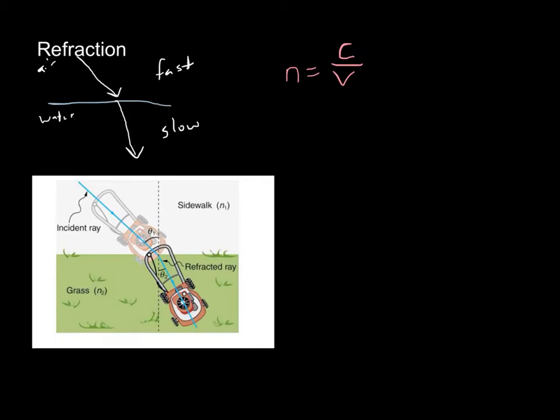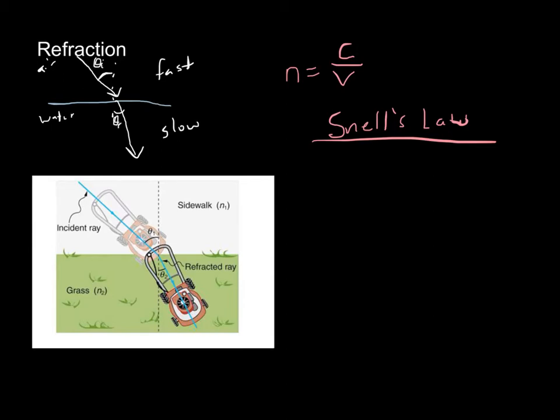Probably more useful to us is something called Snell's law, or our law of refraction. And that's going to allow us to actually calculate the angles involved, like theta 1 and theta 2 here, or our angles in here from our water to our air, our incident angle and our refracted angle.